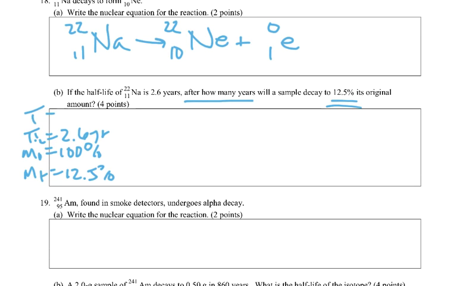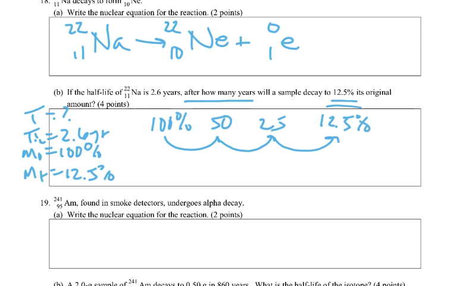And so we want to know what is the total time? Well, we're starting with 100%, and after a half-life we'll go to 50%. After a half-life we'll go to 25%. And then after one more half-life, 12.5%. Okay, and that's the number we were given. So we have 3 half-lives, so we need 3 times 2.6. Now, if it was 2.5, it would be 7.5, so 7.6, 7.7, 7.8 years is my answer.